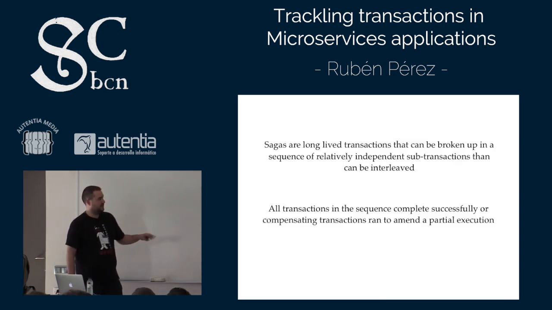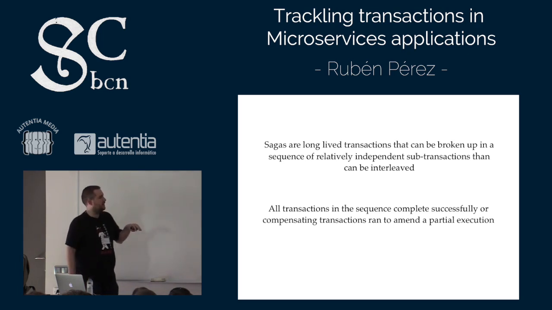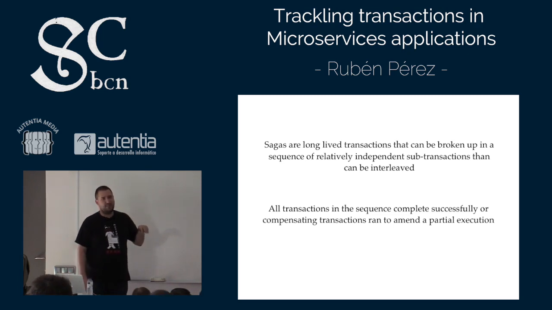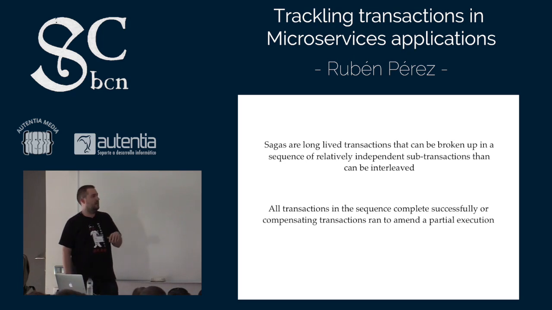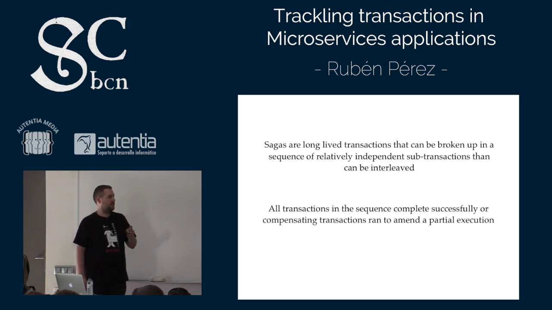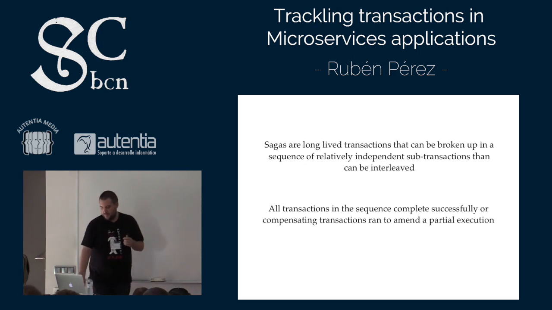A saga, in the context of this paper, because there are sagas in JavaScript and in many other languages that are a different thing, is a long-lived transaction that can be broken up into a series of independent steps. So either each one of these steps succeeds, or compensating transactions will run to amend partial executions.